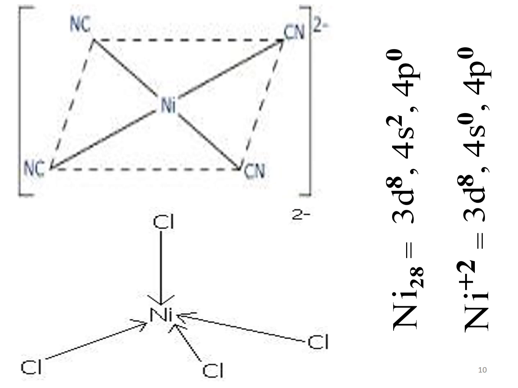So after getting plus 2 oxidation state, nickel still has 8 electrons in its valence shell, and when it is coordinated to 4 different ligands, there are two possibilities.